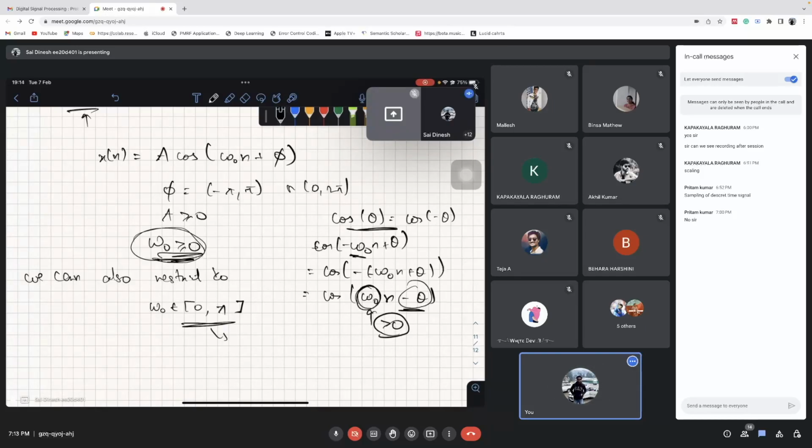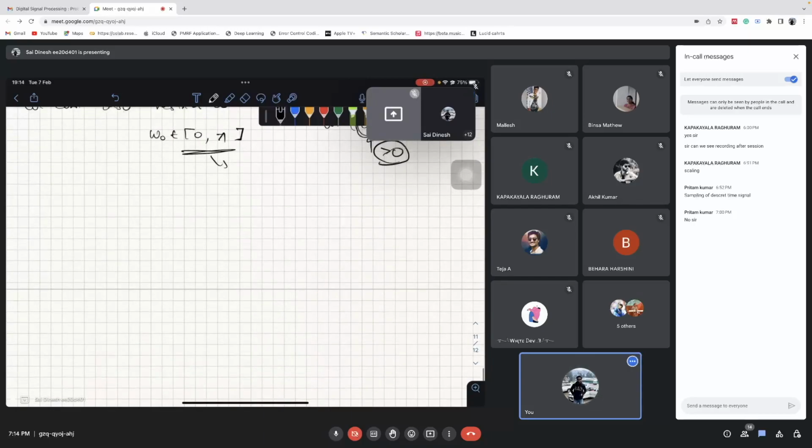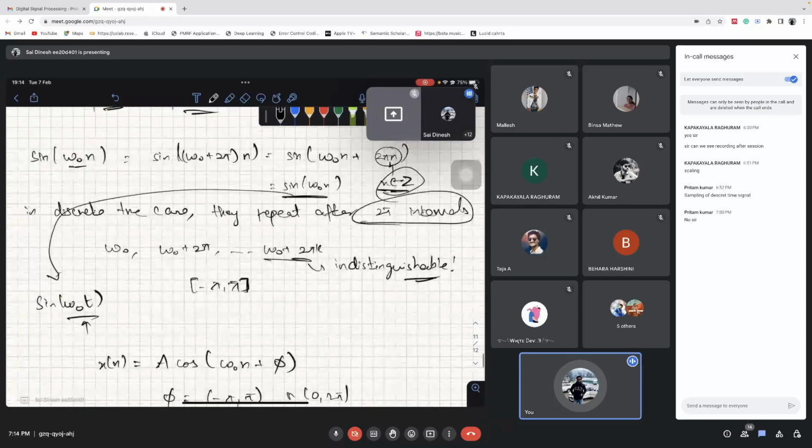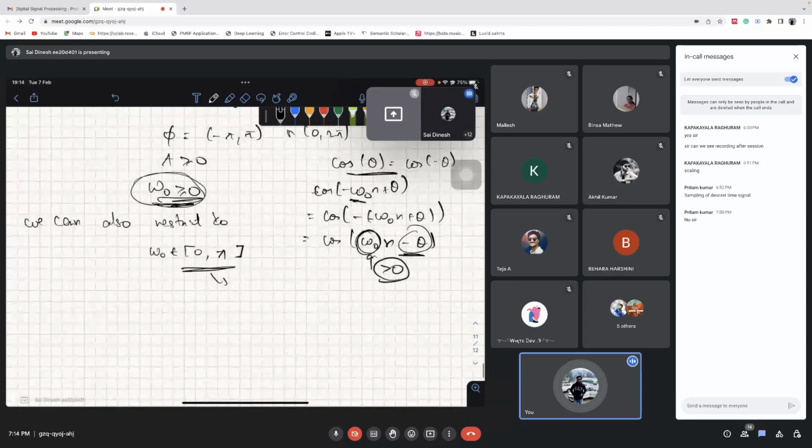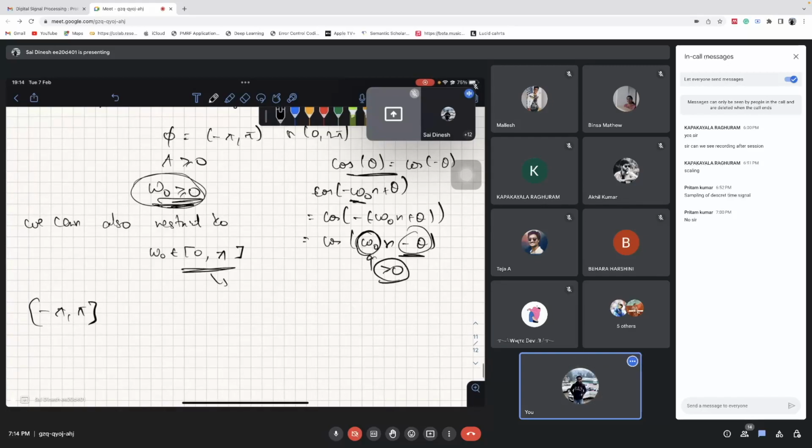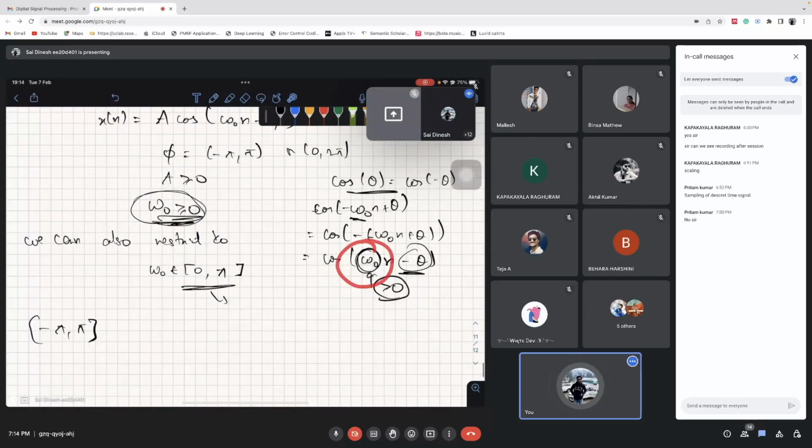let's consider the case from 0 to 2 pi. No, so what I've said earlier is we can restrict the value from minus pi to pi. But in the case of minus pi to pi, again we are seeing here that positive values of omega are sufficient. Even if we have a negative value of omega, that can be brought to a positive value.